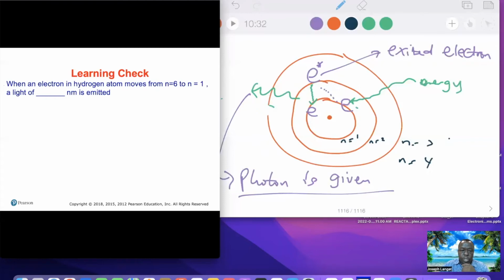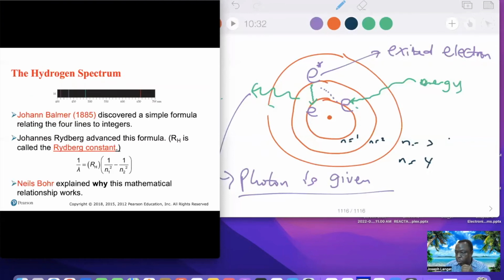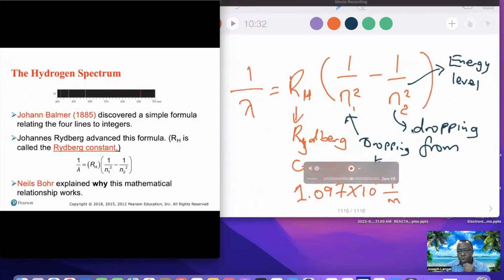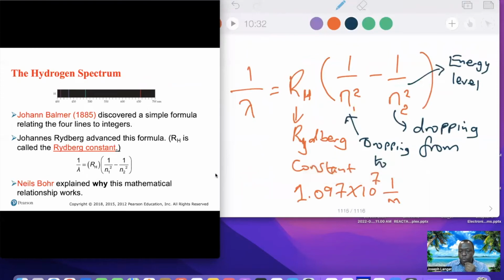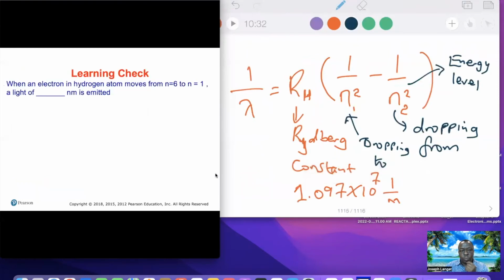Remember, transitioning here, this is what I explained on my whiteboard, dropping from a higher level. So if you look at the transition, when an electron in a hydrogen atom moves from n equals 6 to n equals 1, light of what wavelength in nanometers is emitted?